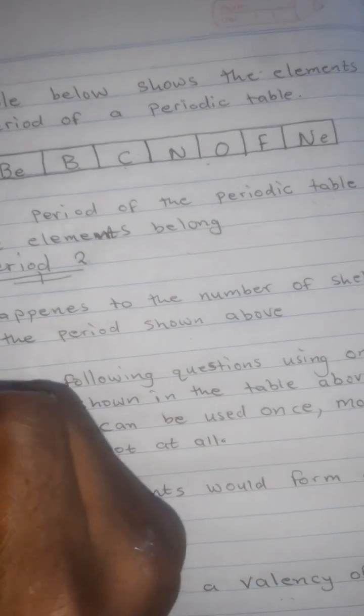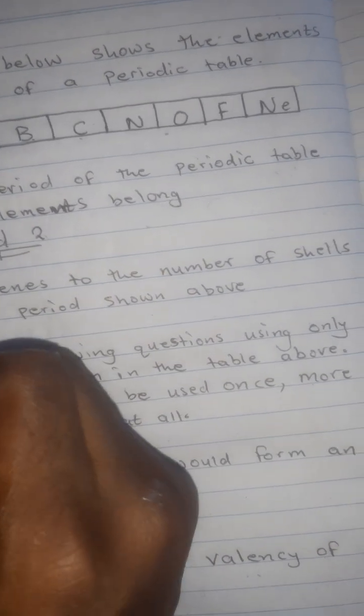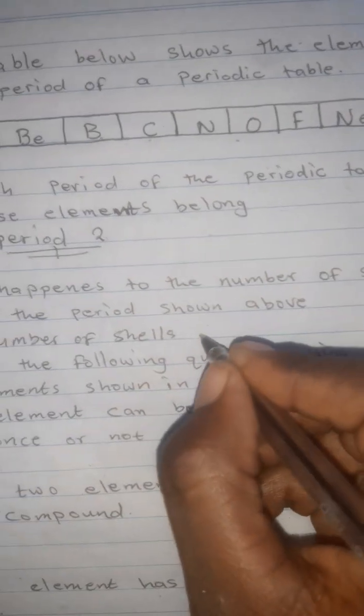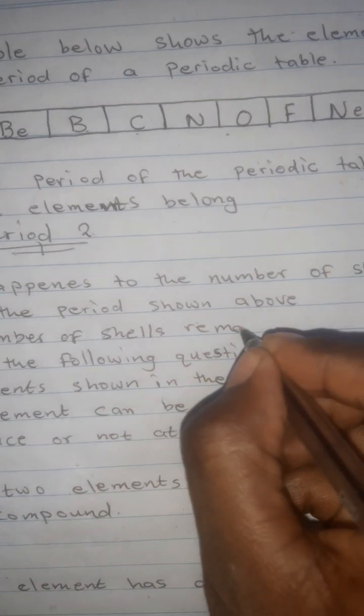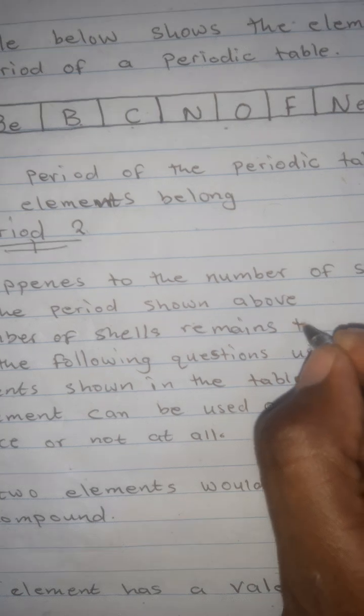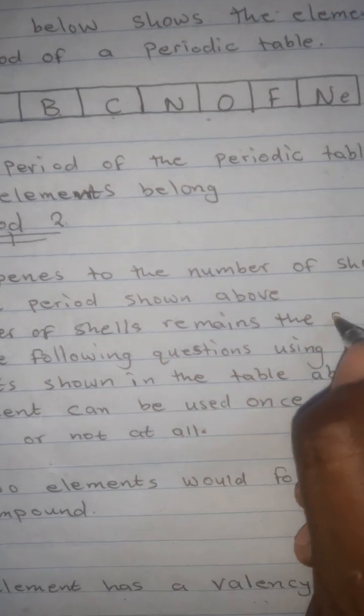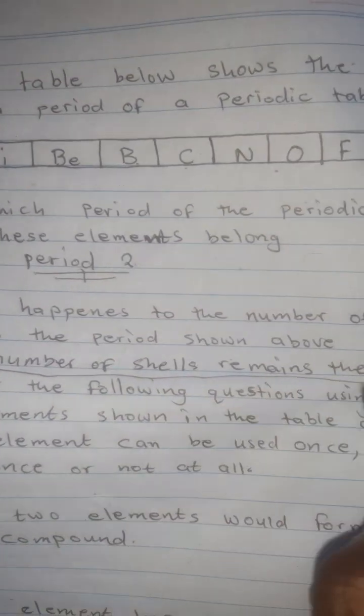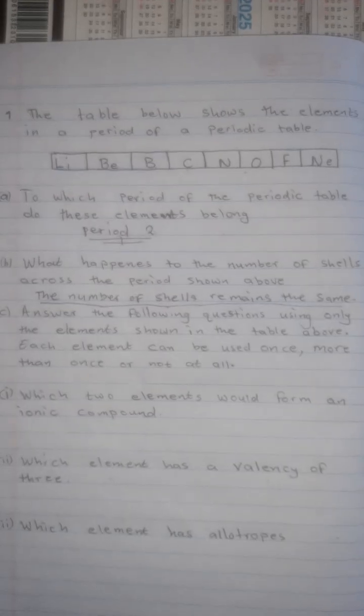So we say the number of shells remains the same, as simple as that. All these elements are only having 2 shells.